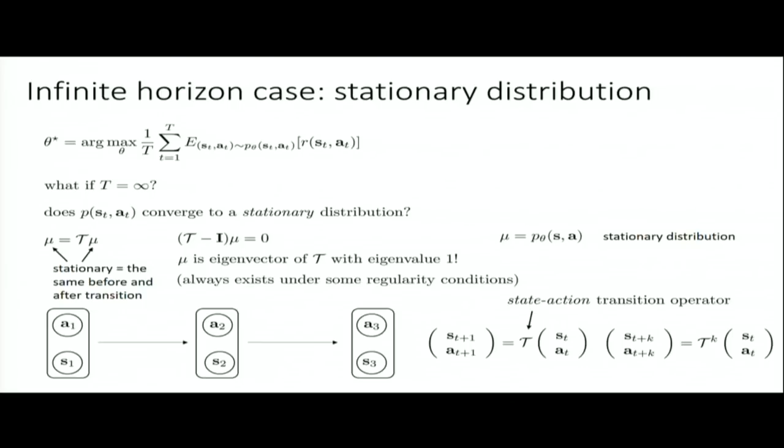But that's easy to fix. We'll just say, let's go to average reward. Just divide by capital T. And then we'll take the limit of this as capital T goes to infinity. And the intuition here is that in the limit as capital T goes to infinity, if your Markov chain eventually falls into the stationary distribution and then stays there for an infinitely long time, that sum is entirely dominated by the expectation under the stationary distribution.